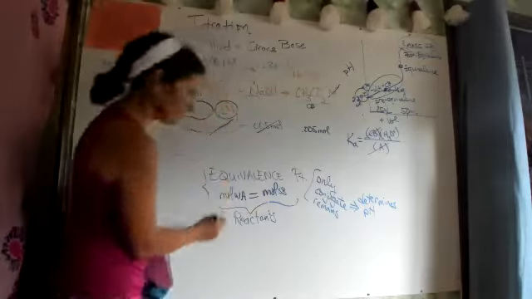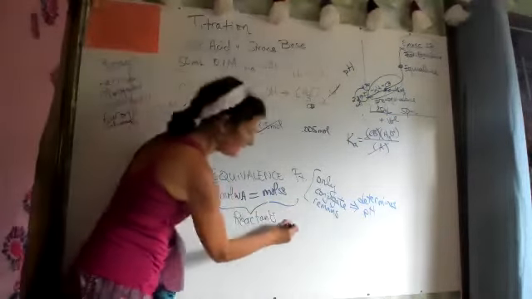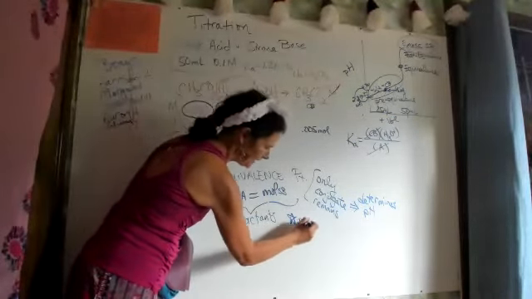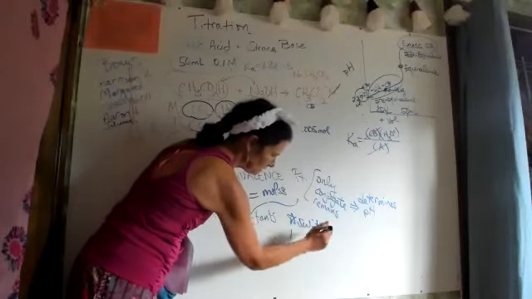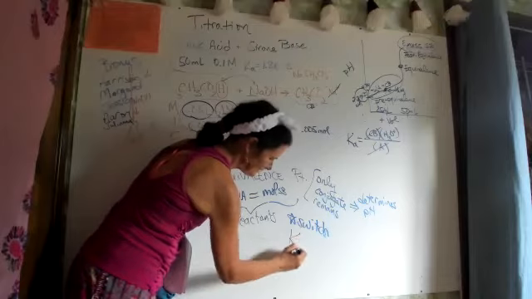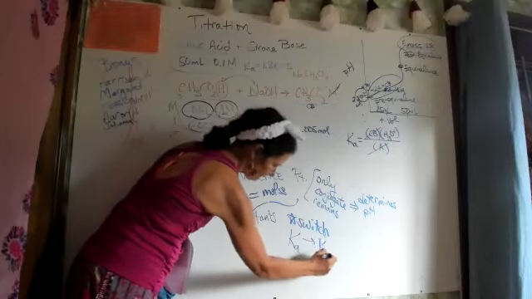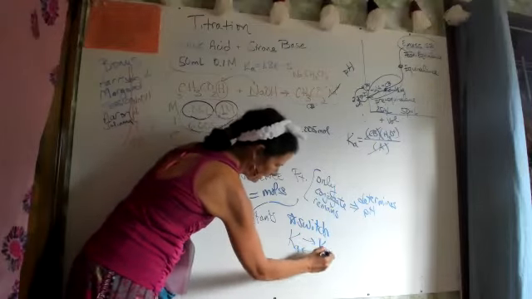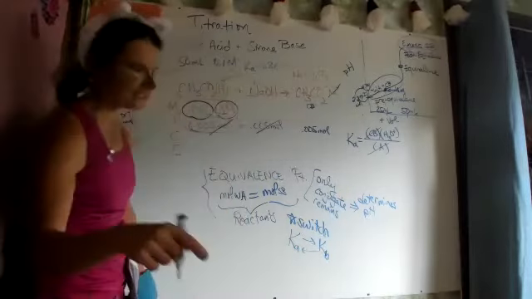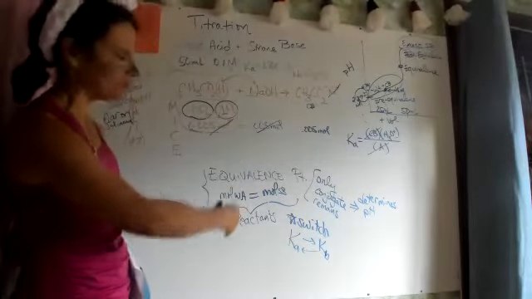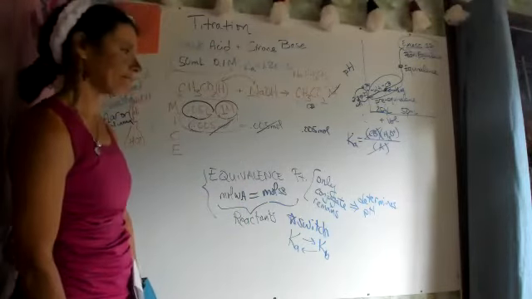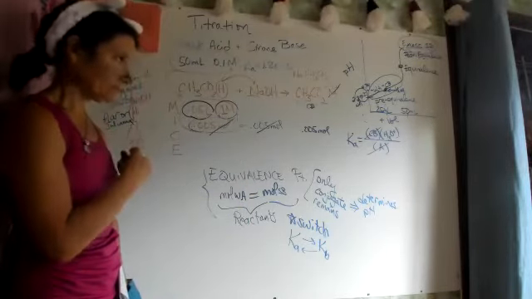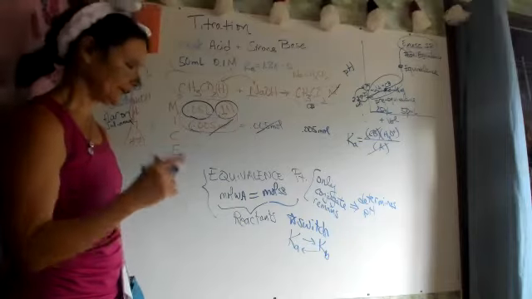So at the equivalence, this is another thing, you have to switch K values. I'm putting a vice versa because if you started with Kb, now you switch to Ka. If you start with Ka, you're going to switch to Kb. Really important pieces there.